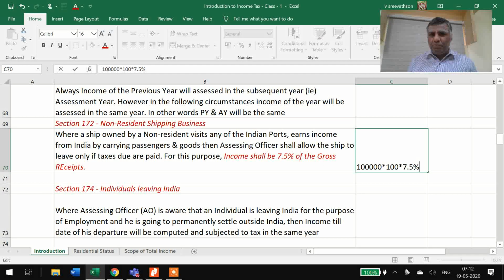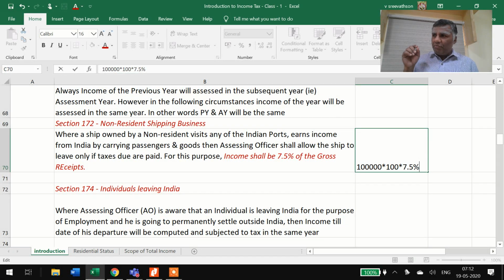It starts from 1/4/2019 and ends on 31/3/2020. And AY, assessment year, is 2021. 1920 and 2021.